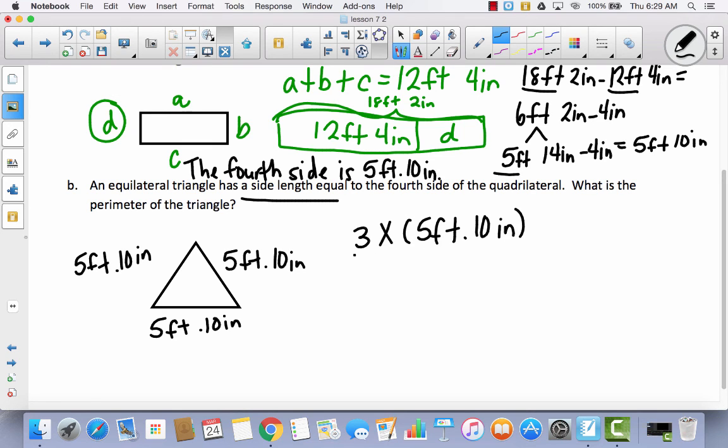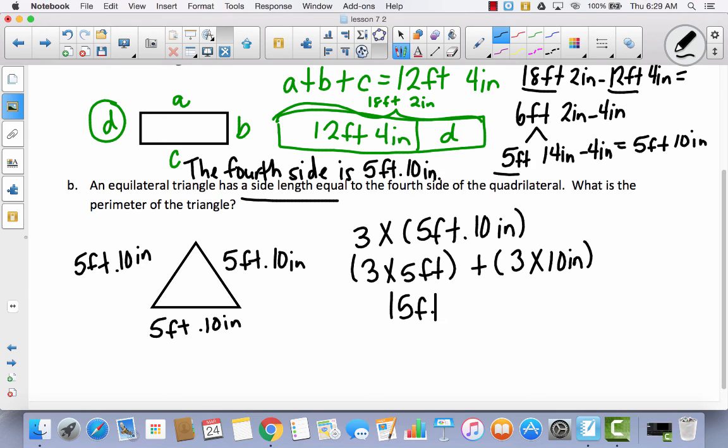So I could say 3 times 5 feet plus 3 times 10 inches, just like we did when we multiplied by mixed numbers, and that gives me 15 feet plus 30 inches. Now all I have to do is change these inches into feet. So if there's 12 inches in a foot, I could do 12 inches, I could do another 12 inches because that would give me 24 inches, and then I could do another 6 inches.